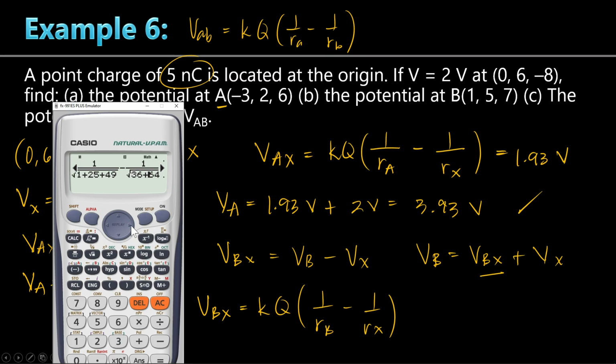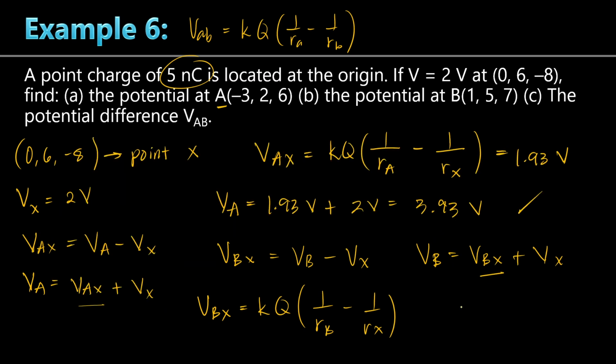Ano ang distance ng point X mula sa origin? Actually, yun pa rin yun, no? So, pareho pa rin yung 36 at saka 64. Dito siya galing. So, mag-equals na lang tayo dito. Equals, ayan, ang sagot, 0.696. Okay, so VBX is 0.696 volts.